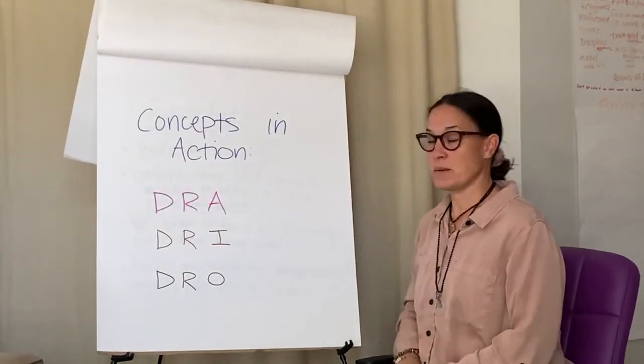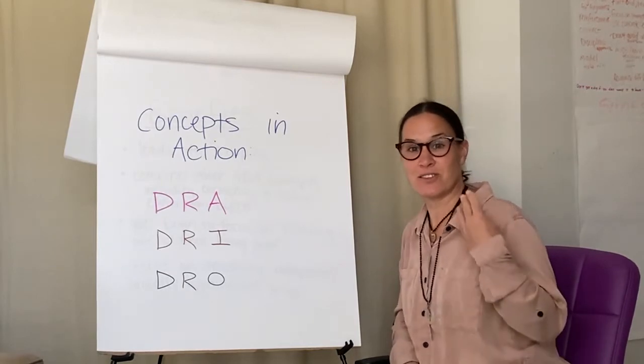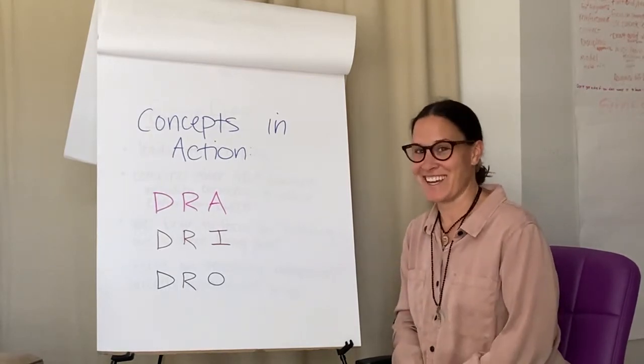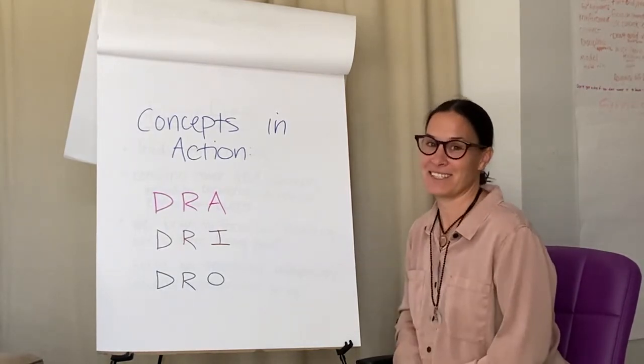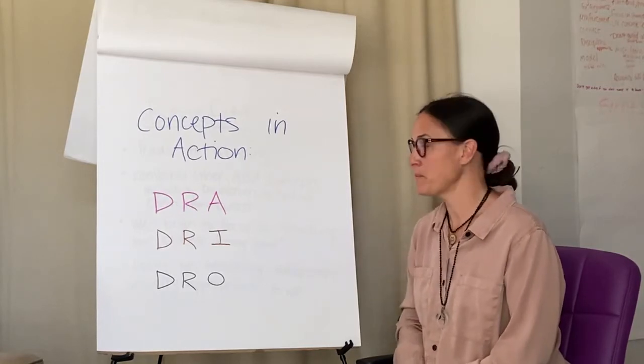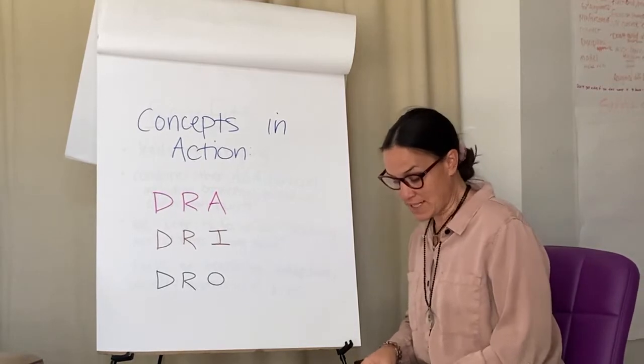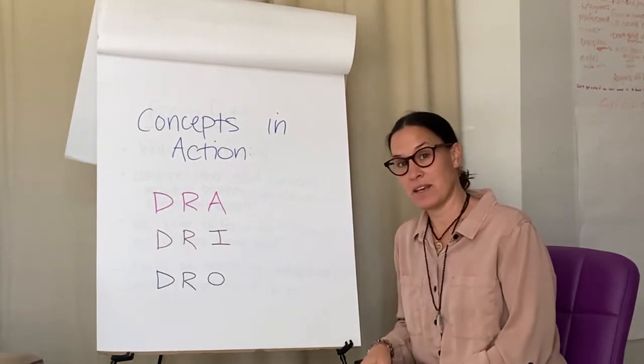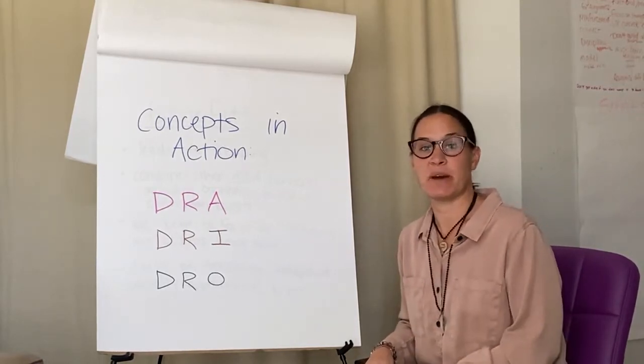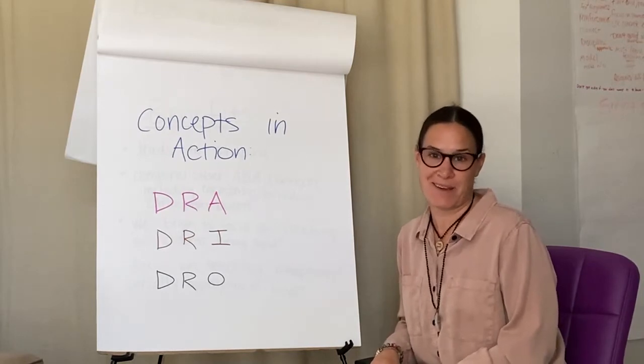Let's do some concepts in action so it's easy to differentiate the different types of differential reinforcement. So for a DRA, and I took a few notes here, let's say you have a client that gets your attention by repeatedly calling out your name.